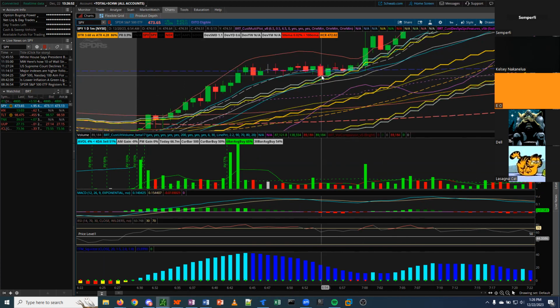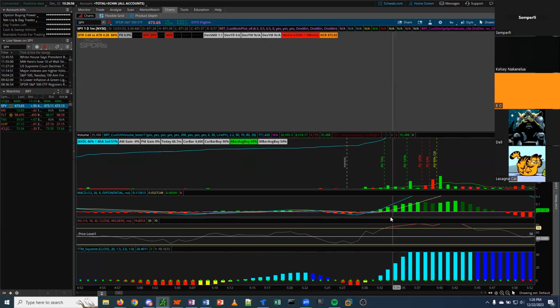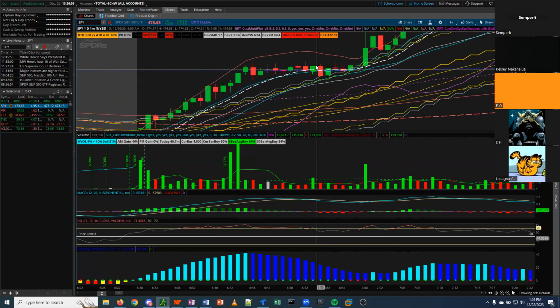See this big red candle right here? Even the wick, this is a bearish engulfing. The wick to wick is way bigger than that. The body is double the size. But look at the volume.